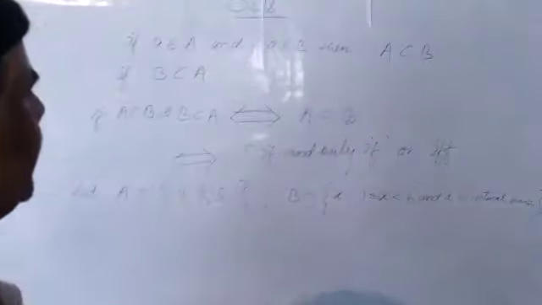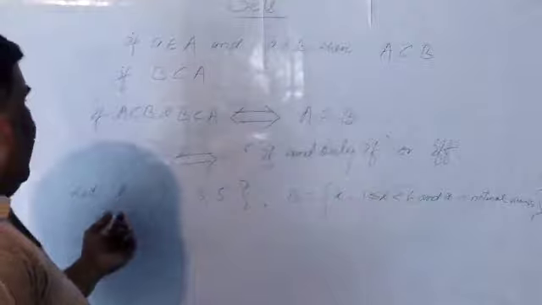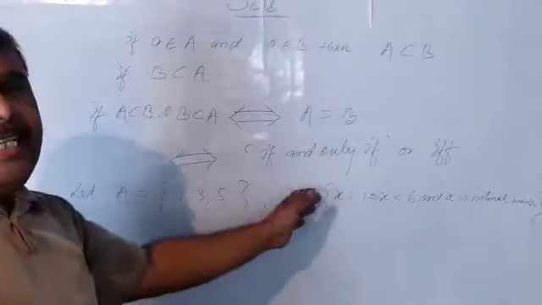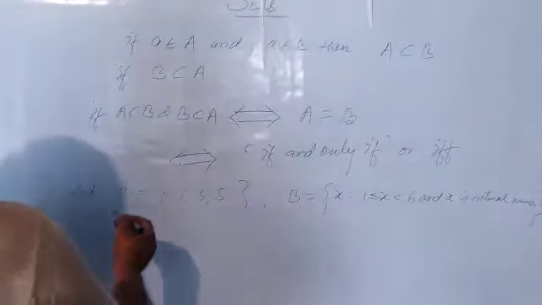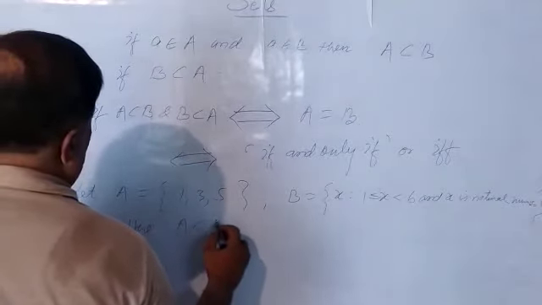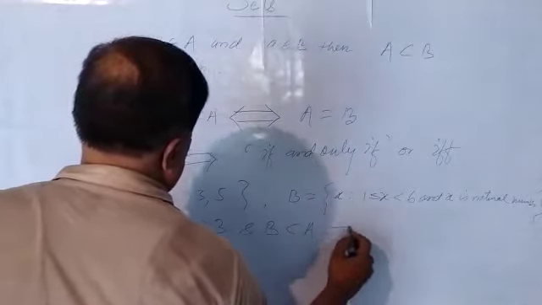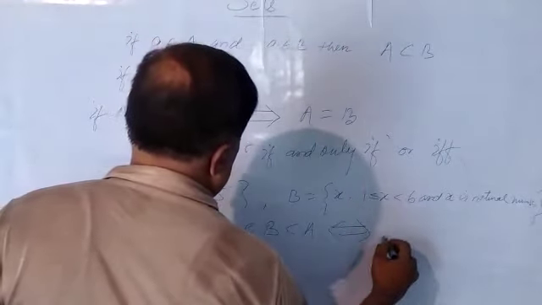Then both sets A and B are equal. That means here A is a subset of B and B is a subset of A if and only if A equals B.